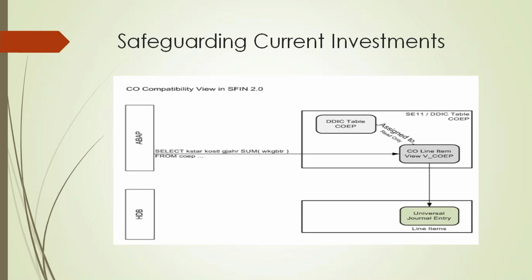After implementing HANA, is it necessary to change the ABAP coding again because these tables are no longer available and new tables have been added? Anyhow, the data has to be extracted from the Universal Journal only. Correct. So is it necessary to change that existing ABAP coding?